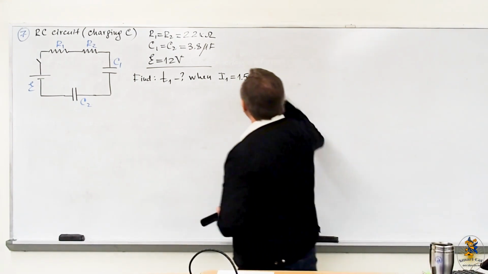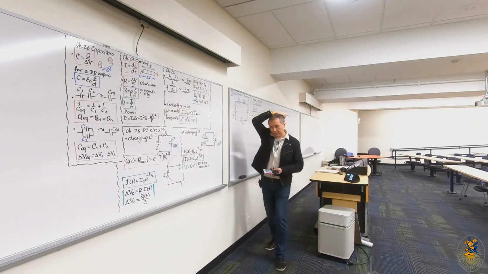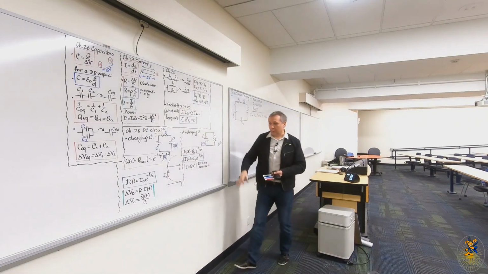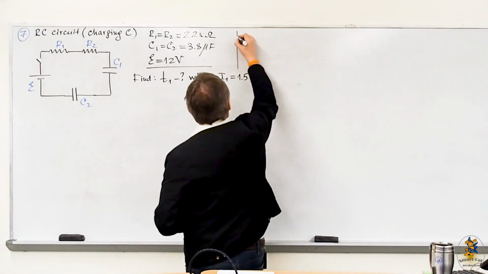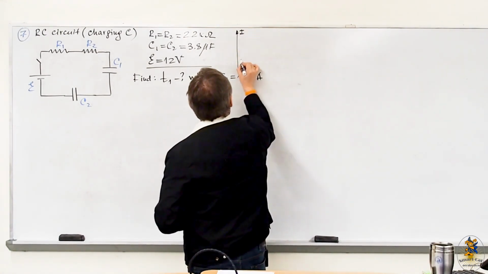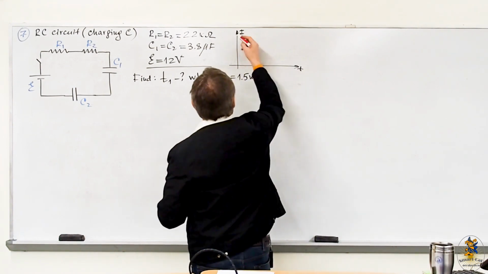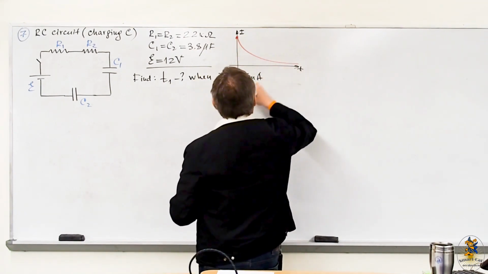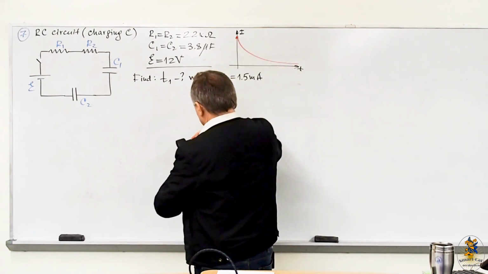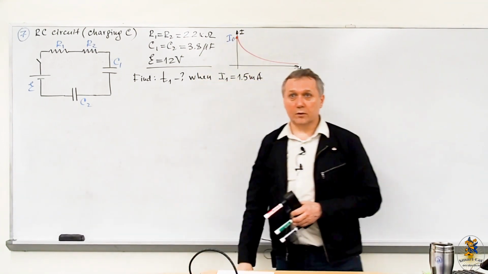And let me also show it on a graph. If I plot current versus time, so let's say this is our current, and this is time. Of course, it decays. So this is I naught, the maximum current, which we still don't know, and then it decays like this.